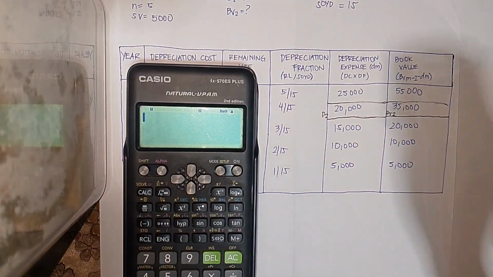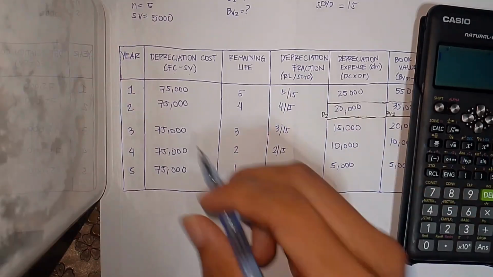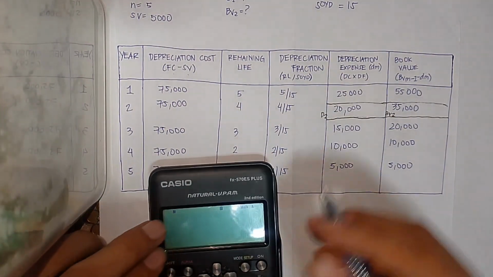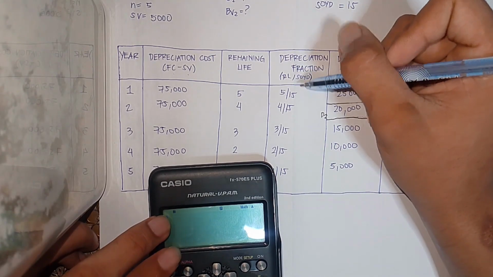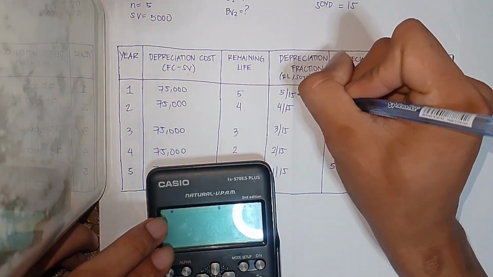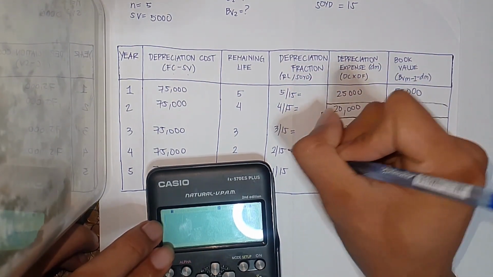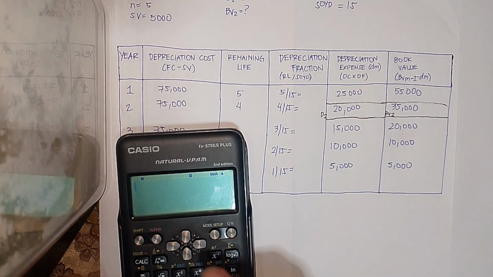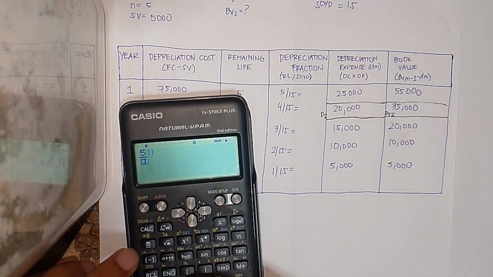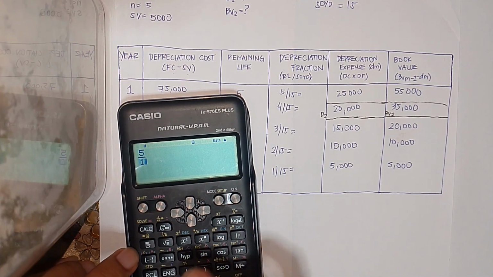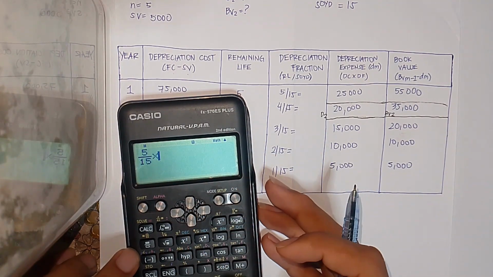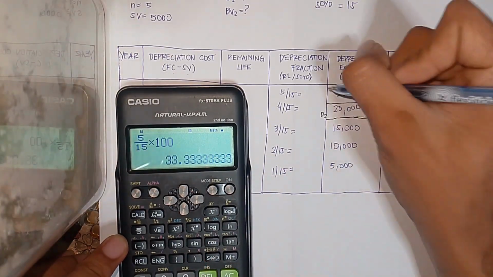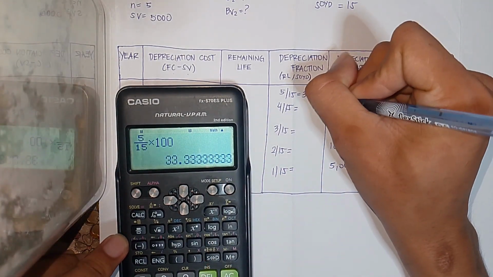So let's compute to know if our depreciation fraction is correct. We need to convert the depreciation fraction into percent. So 5 over 15 times 100 is 33.33%.